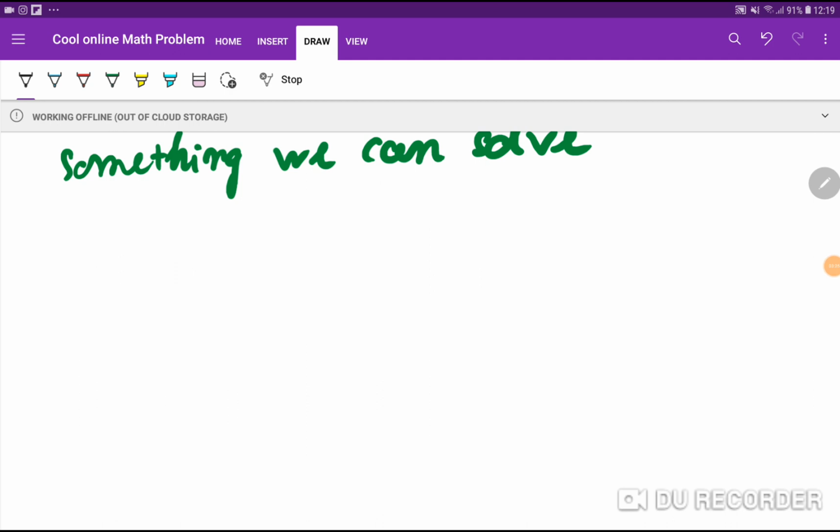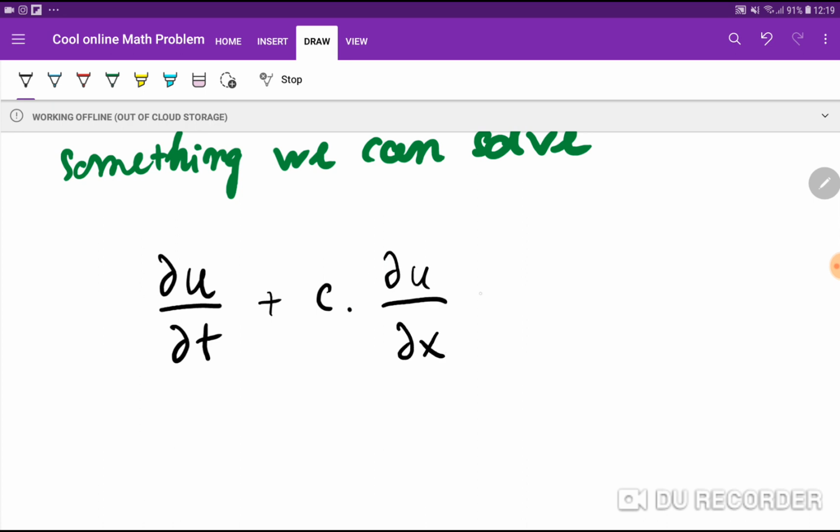Okay, y'all have waited 3 minutes for the introduction of the equation. The equation is a partial differential equation. First of all, it says the partial of u with respect to t, which is the velocity gradient with respect to time, plus c times the partial of u with respect to x, equal to mu times the second partial derivative of u with respect to x.